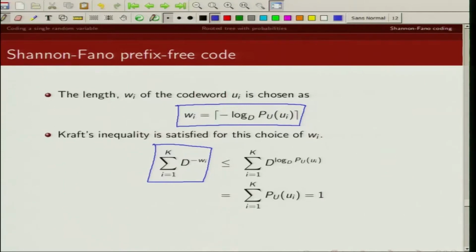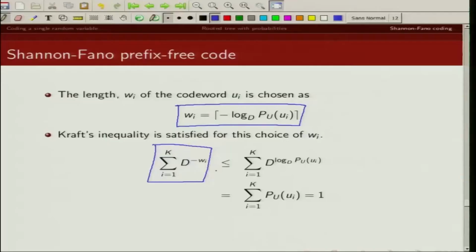So let us see whether the Shannon-Fano code satisfies the condition for a prefix free code. Now note that this is a ceil function.